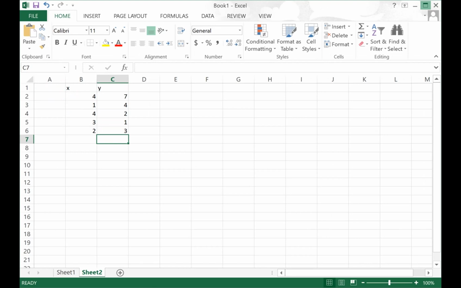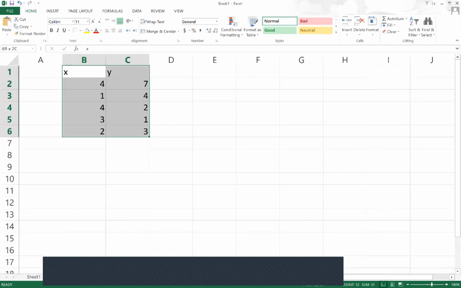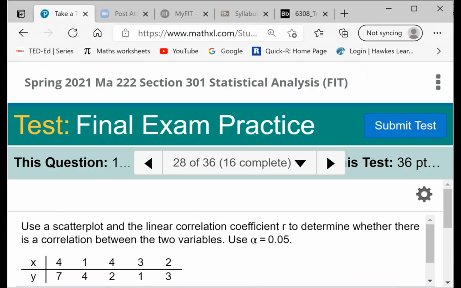Okay. Here we go. So we get this data set here, input it properly, then quickly double check the number. 4 1 4 3 2, 7 4 2 1 3. Okay, that's good.